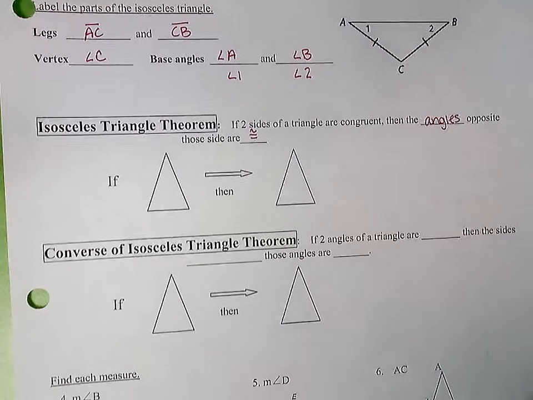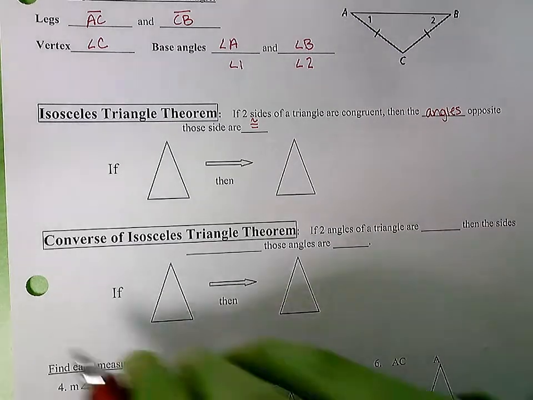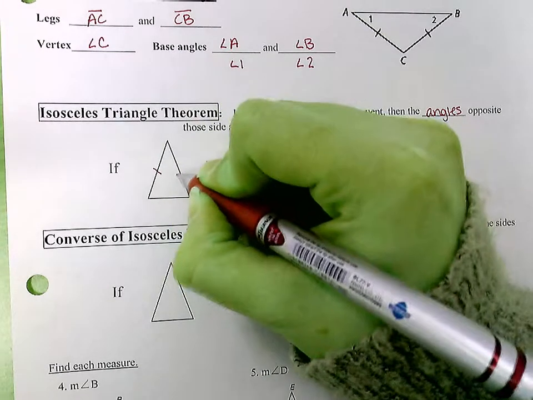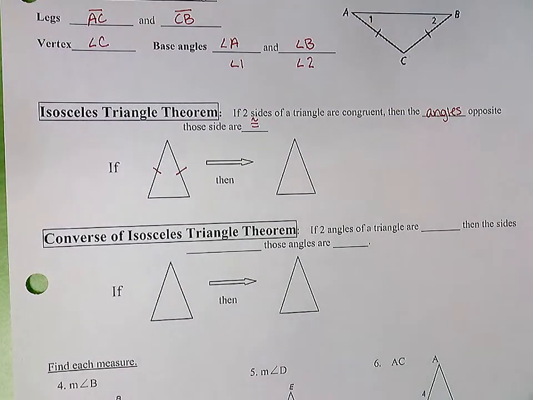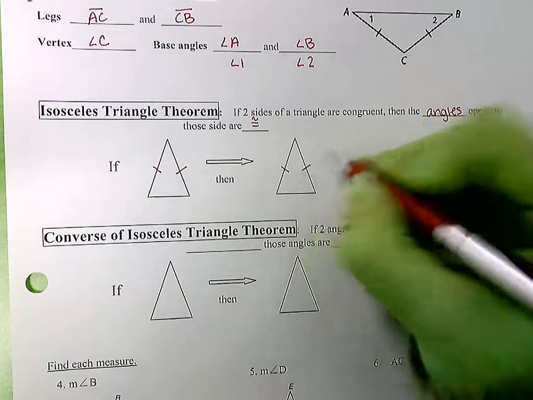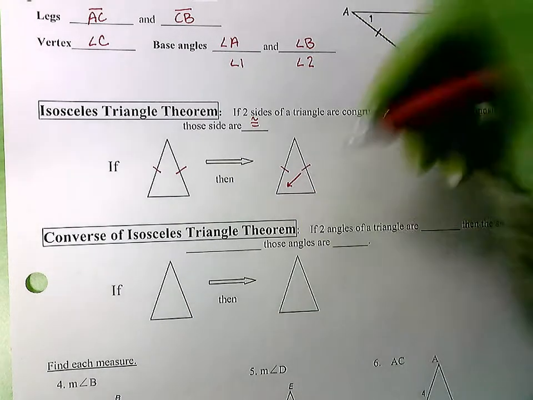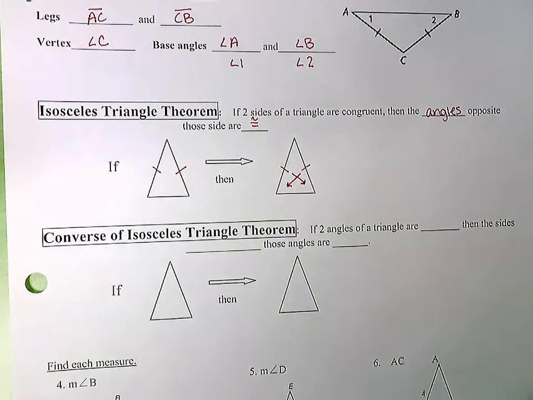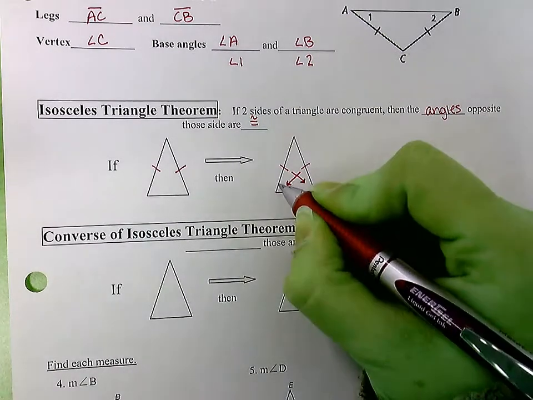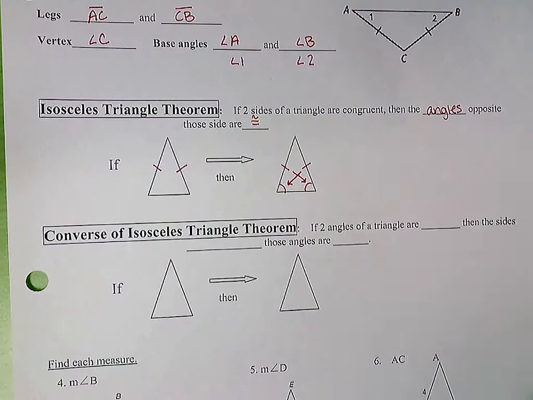Okay, so in my picture here, if I have my two sides congruent, I know it's an isosceles triangle, those two sides are congruent, then I can say the angles that are opposite those two sides are also congruent. So the base angles are congruent.